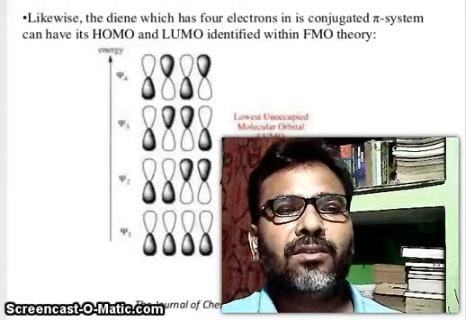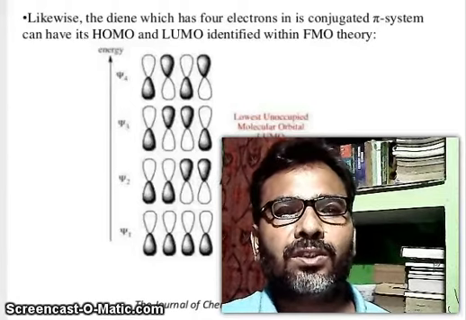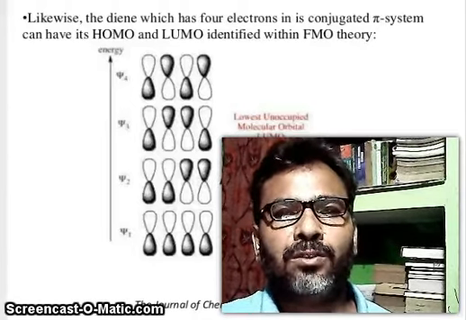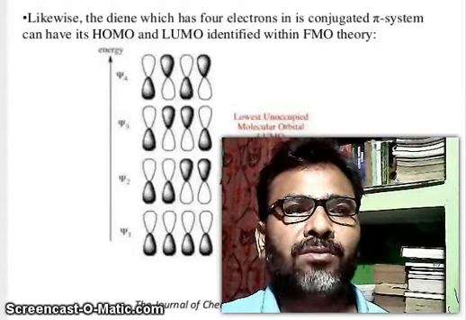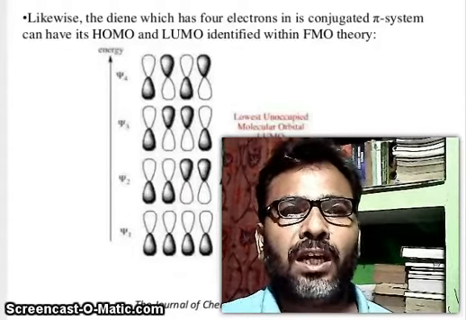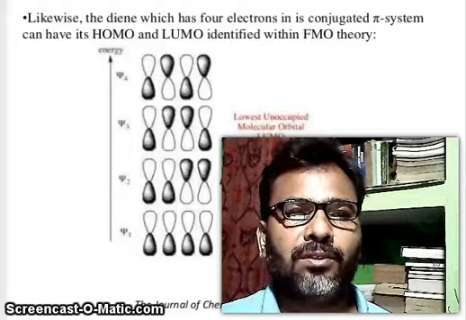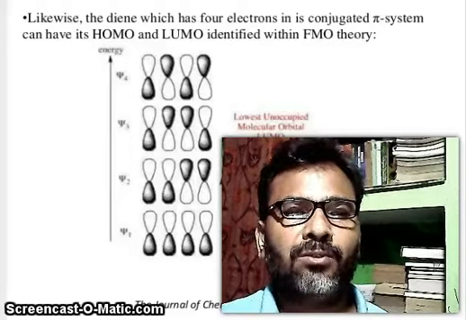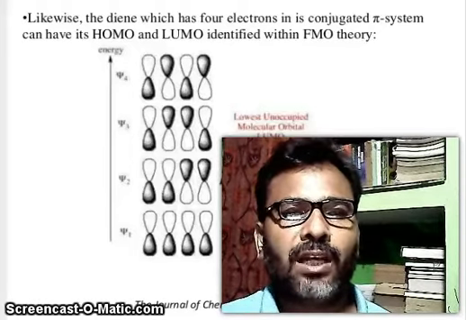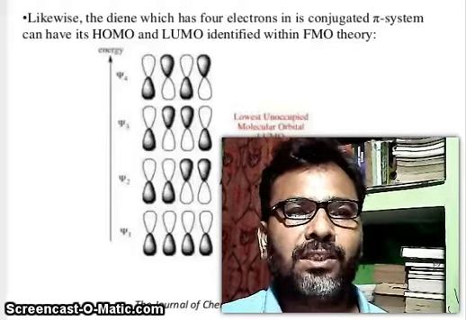Likewise, the diene, which has 4 electrons in its conjugated pi system, can have its HOMO and LUMO identified within frontier molecular orbital theory. So psi1 here, psi2, psi3, psi4. Psi2 is HOMO and psi3 is LUMO.